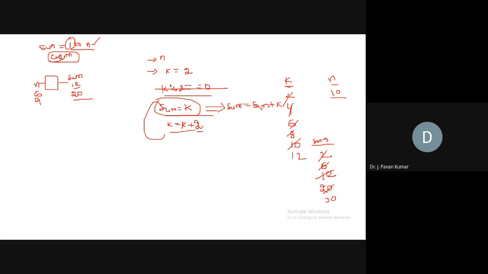So what is n value? 10. So we should not add 12, isn't it? So whenever k value becomes greater than n, then we should stop. So that condition, before repeating, we have to check. If k value is less than or equal to n, then only we will repeat. Otherwise, we will end. Got it?